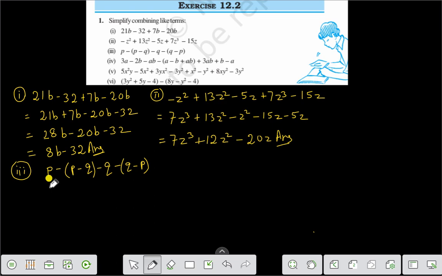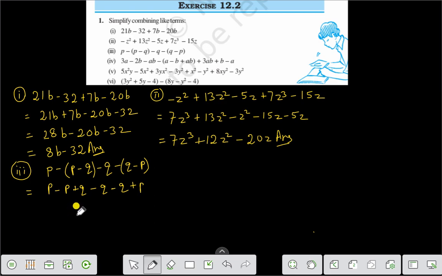I will find it in this way: it is p minus p. You see, minus into minus is plus q, minus q. Minus into minus is plus p, right?